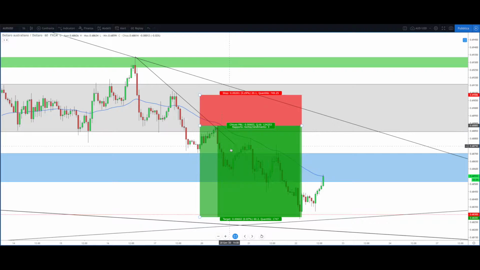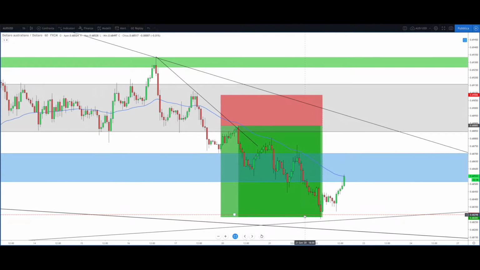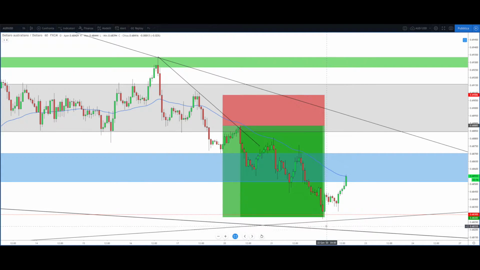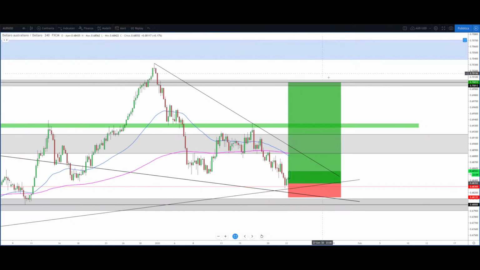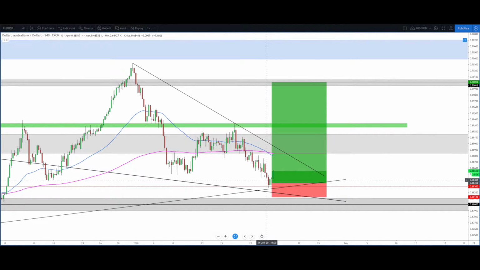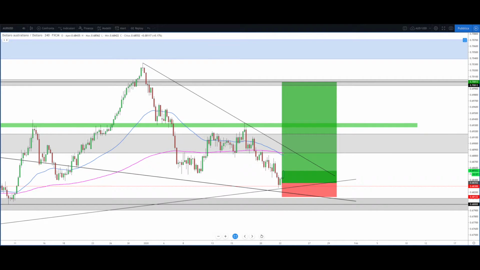But this trade gave us first of all this good profit, but brought the price to touch here 0.6830 just above this bullish trend line. And going on the 4 hour time frame here, we can see that we shared this setup with our students on the CLC Trading Academy this morning, because the price last week broke this flag.